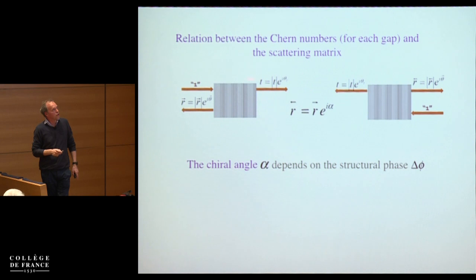The relation between the Chern numbers for each gap and the scattering matrix now. I remind you that if we have this structure, we found this chiral angle that depends on the structural phase, you remember. And this angle describes the difference between the reflection phase in that direction, in that framework, and the reflection phase in that setup, okay, when I attack here or when I have an incident wave here.